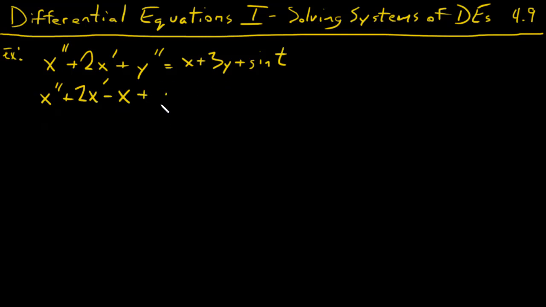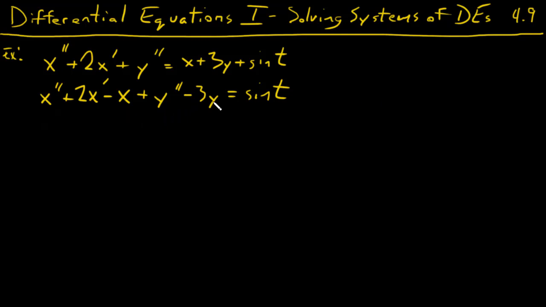So plus y double prime, and there's no y prime, so I just go straight to minus 3y equals sine t.